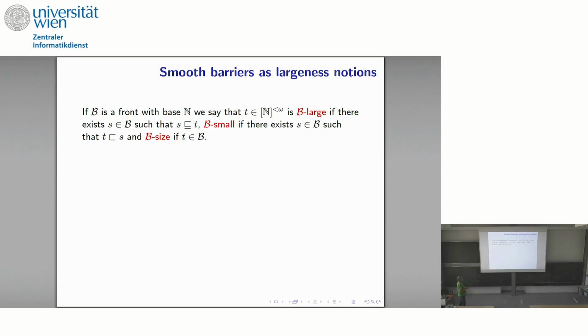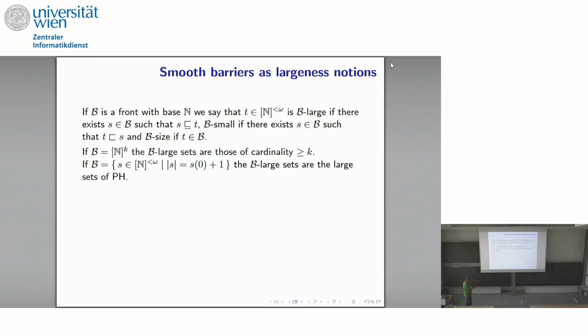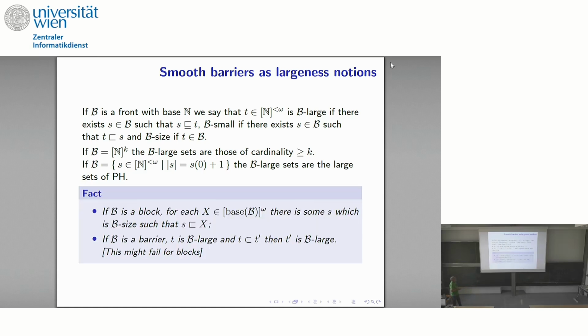It's B-small if that is not the case, and B-size is precisely that, and nothing slightly smaller. For example, if you take the barrier of k-tuples, the B-large sets are exactly those of cardinality at least k, and with the Schreier barrier you get exactly the sets large in the sense of Paris and Harrington. So we are still recovering everything, not losing anything here.